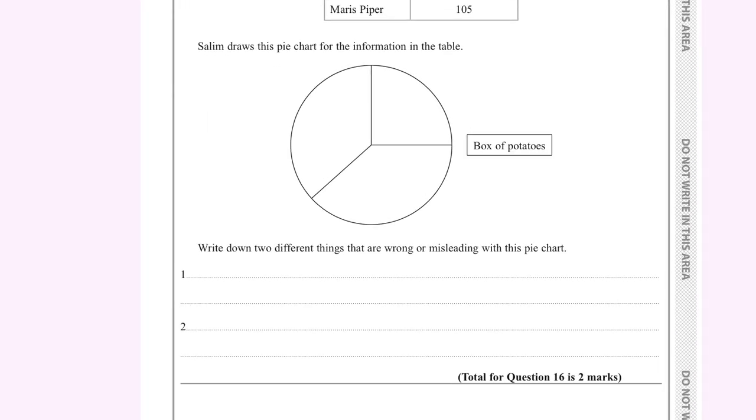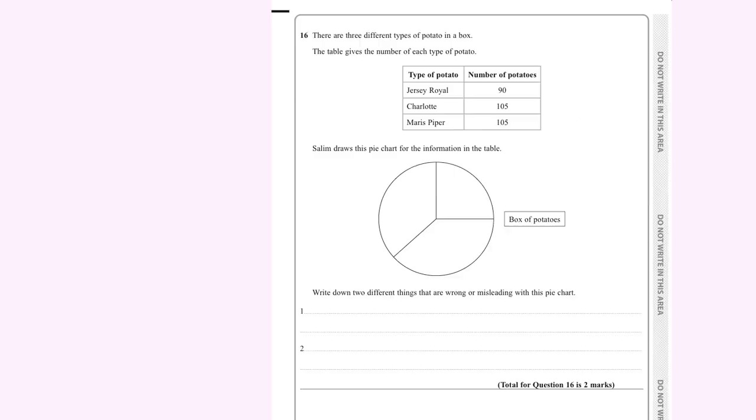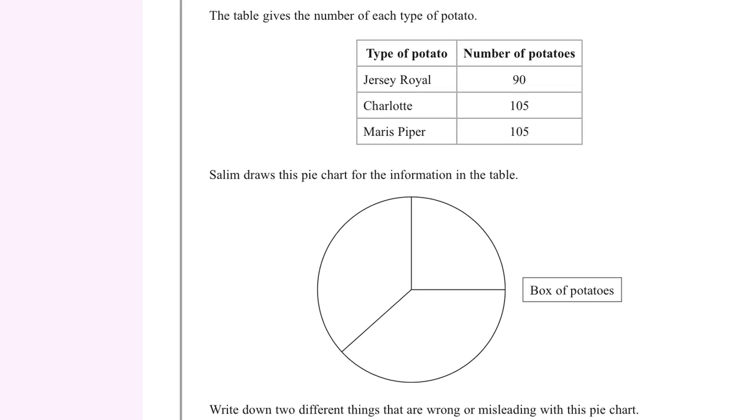One thing I can already say is misleading is there are no labels on this pie chart. How are we supposed to know? You can tell which one's which if you've got the table, potentially, because you know that these two are the same, so there must be those two. But no, there are no labels.